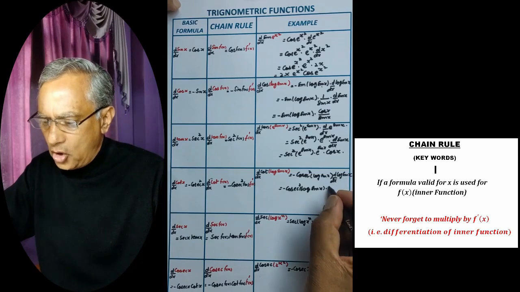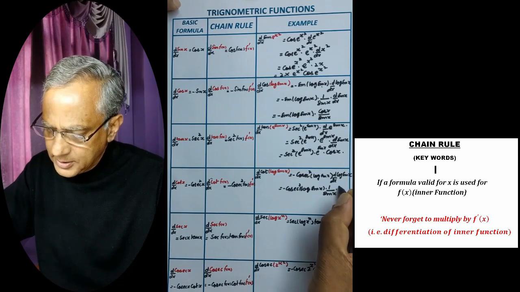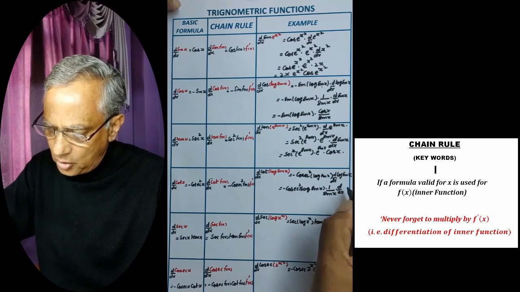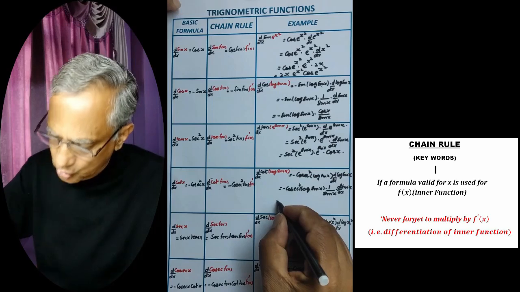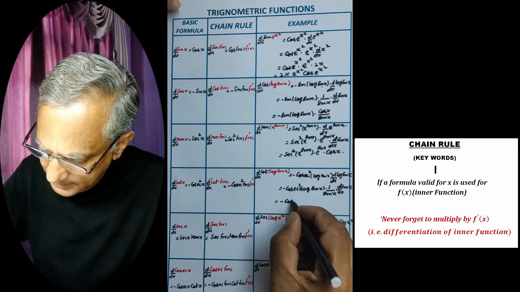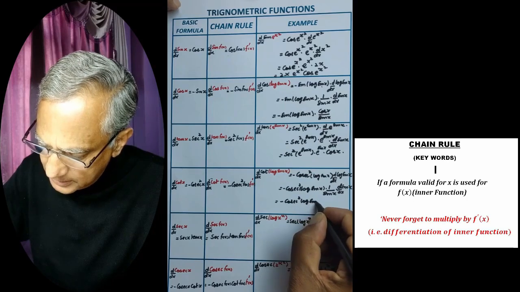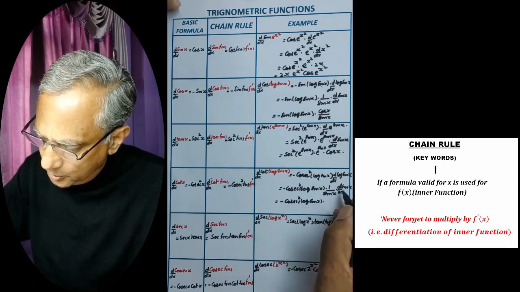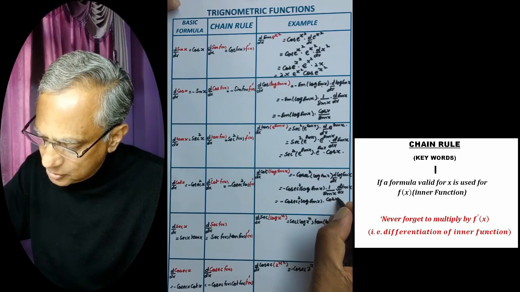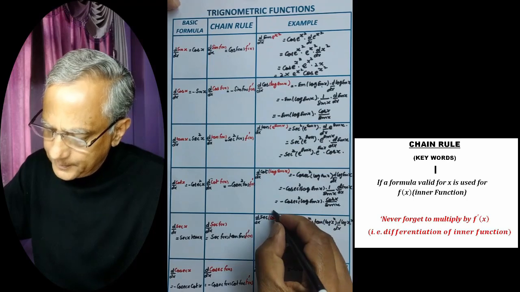Now d by dx of log x is 1 by x. So we have 1 by sin x into d by dx of sin x. So this is equal to minus cosecant square log sin x into d by dx of sin x is cos x.